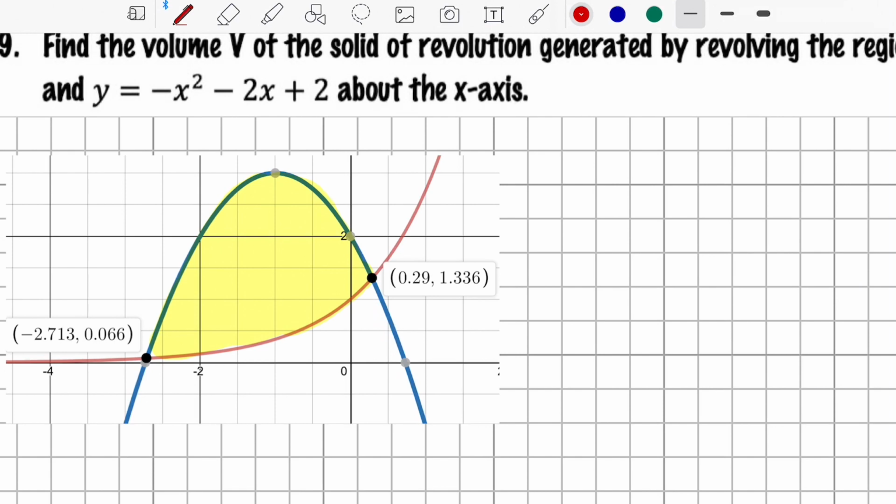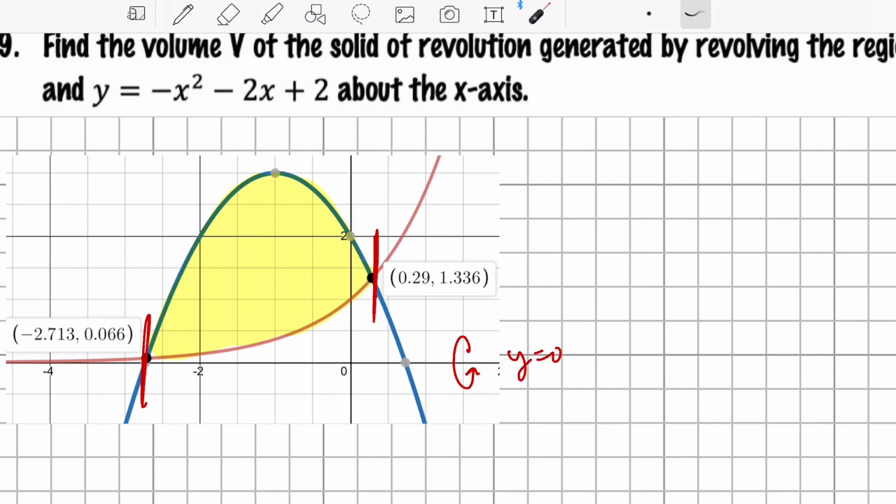Next thing I want to look at, the points of intersection, which is from here to here, the x values, because we are going to revolve about the x-axis. Now, this is my axis of rotation, right here, the x-axis, which is y equals 0. Here, let me write that down. So y equals 0.